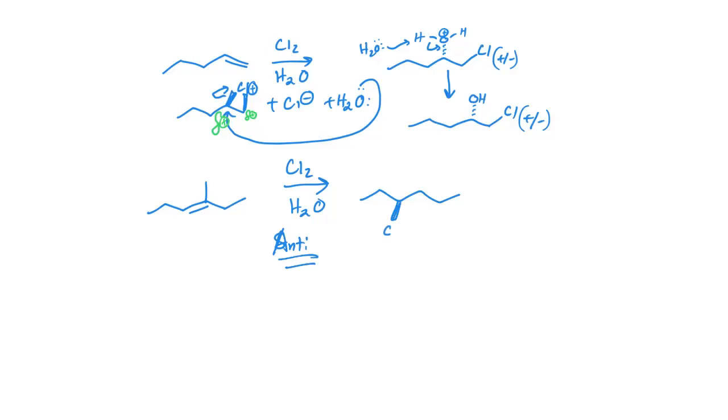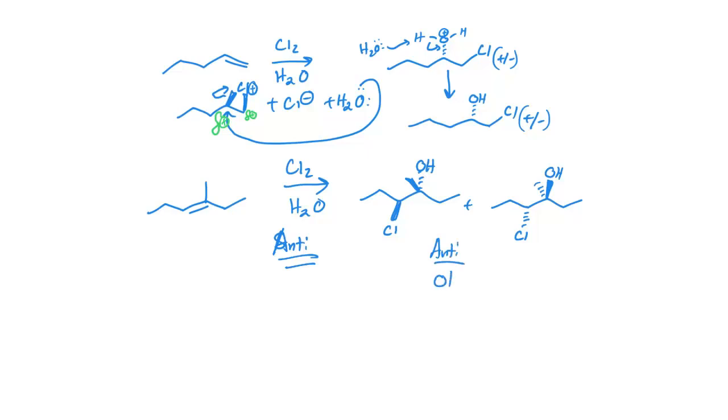So if I put a wedged chlorine here, I need to have a dashed OH group. And then, of course, I have the methyl that was left over from our starting material. And I can draw the enantiomer of this as well. I could draw a dashed chlorine here, OH on the wedge, and then the original methyl group is also on a dash. And so I have an anti-relationship here. That's the stereochemical relationship.